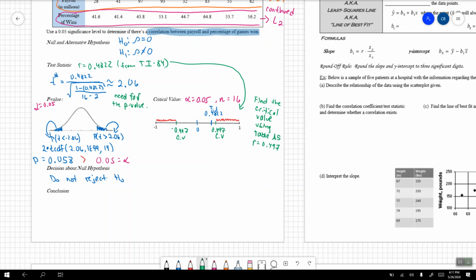So conclusion, what could be a natural conclusion that we can use to summarize here?